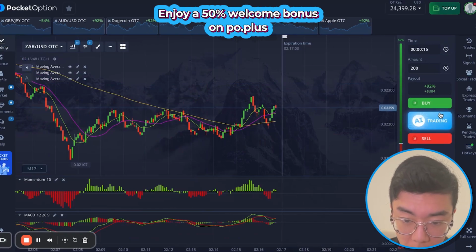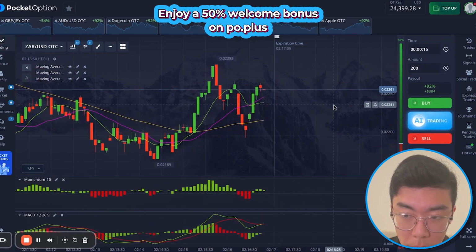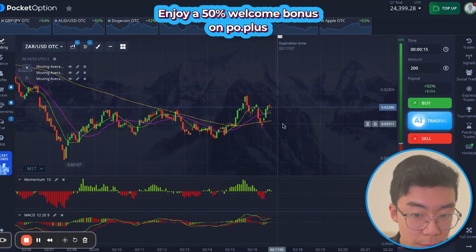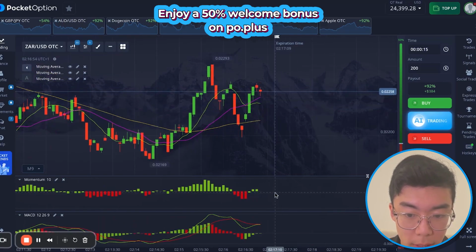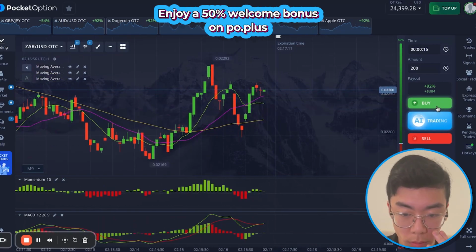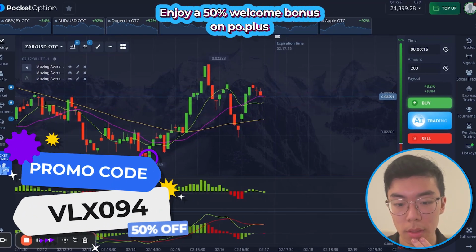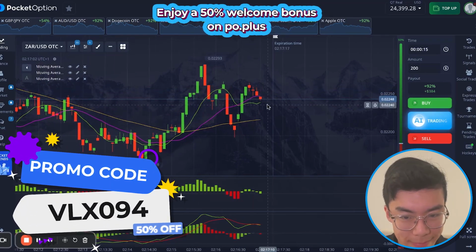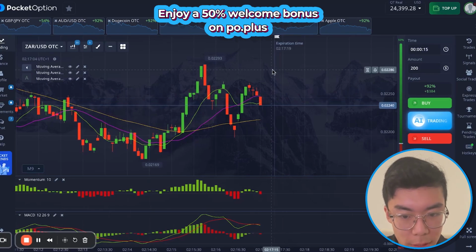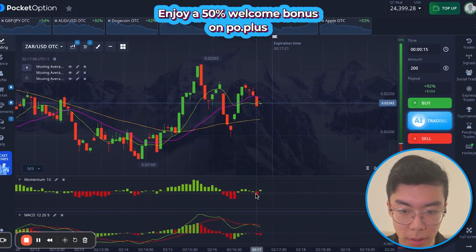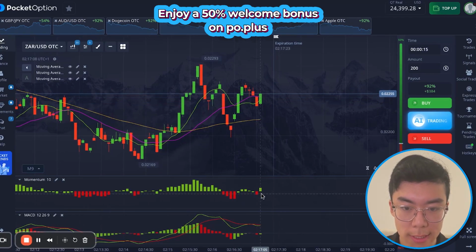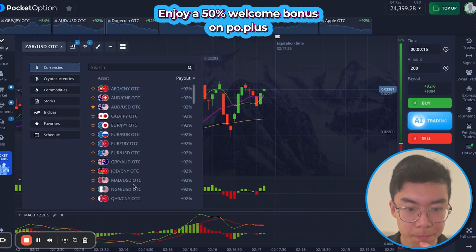So this one right here can do a buy for 15 seconds if it does cross back up. Here, I don't think it's doing anything. The momentum is pretty bad, as you see right here, red right here. I wouldn't do this one.